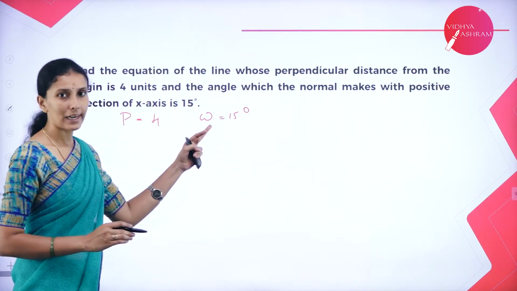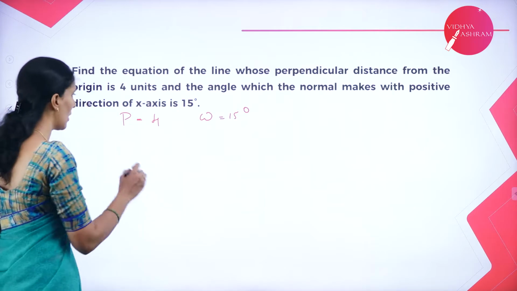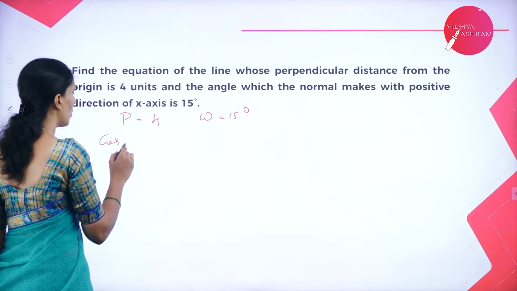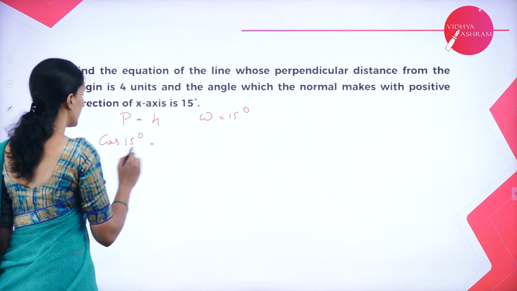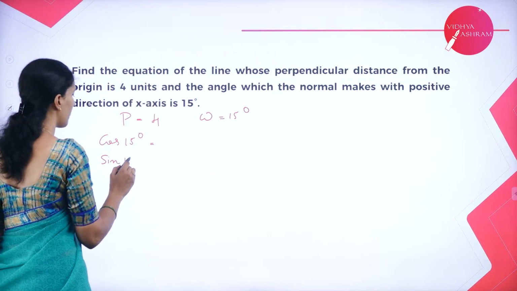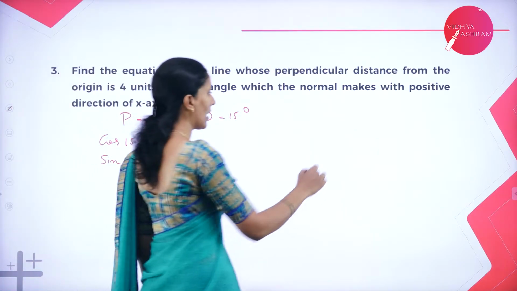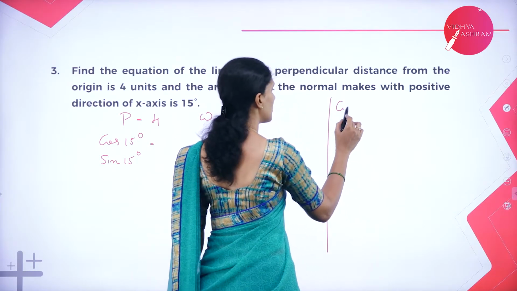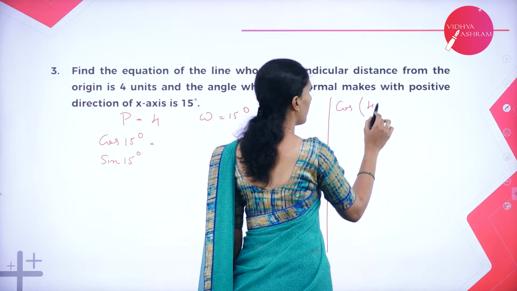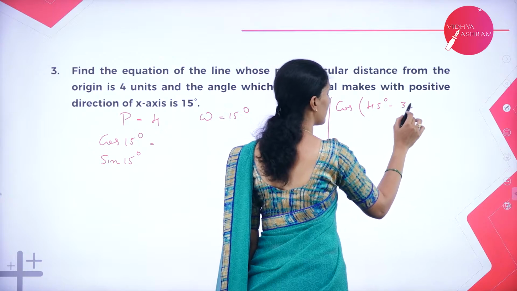First let us calculate cos omega and sin omega. So what is cos omega? Cos 15 degree, and this is sin 15 degree. So cos 15 degree, again you can calculate using cos of 45 minus 30 degree.